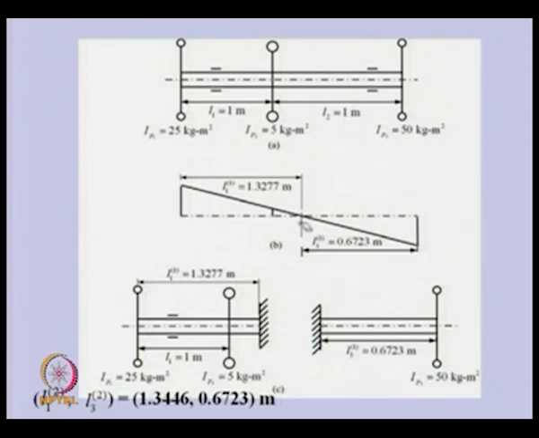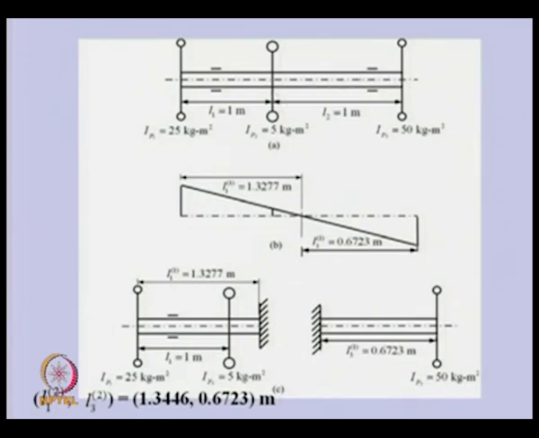We can see that with 1.3446, basically we are getting a node away from here. That is not possible, that we have two nodes in between the two shafts or two discs, because we are not considering the shaft mass.